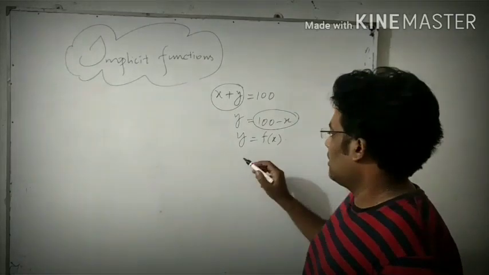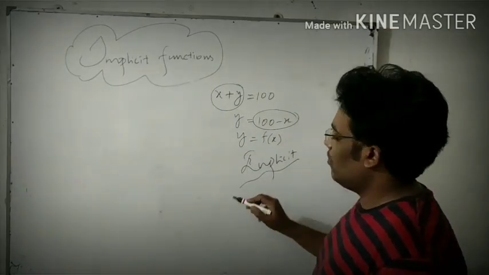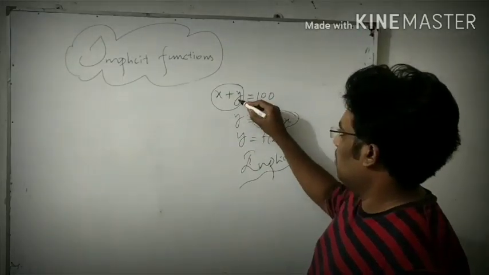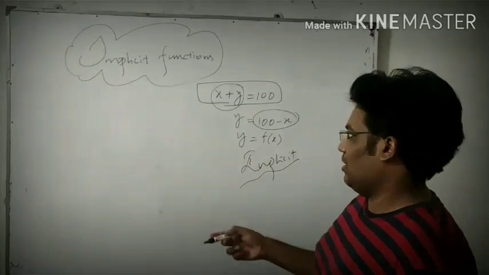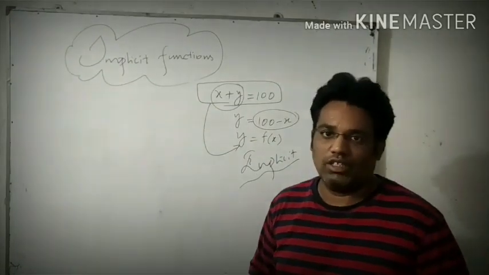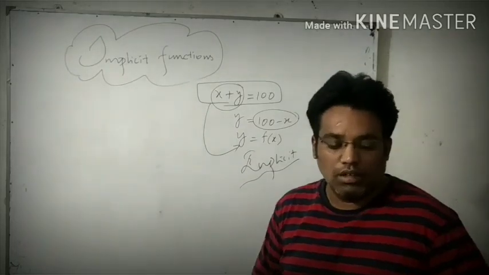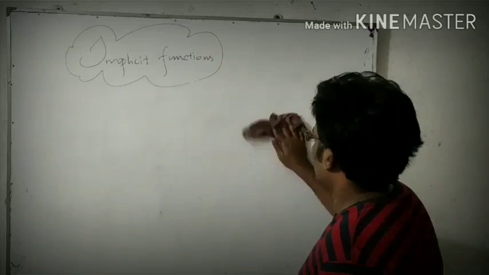So now this is the explicit form. A few implicit functions you can express in explicit form, then differentiate. That's one way.